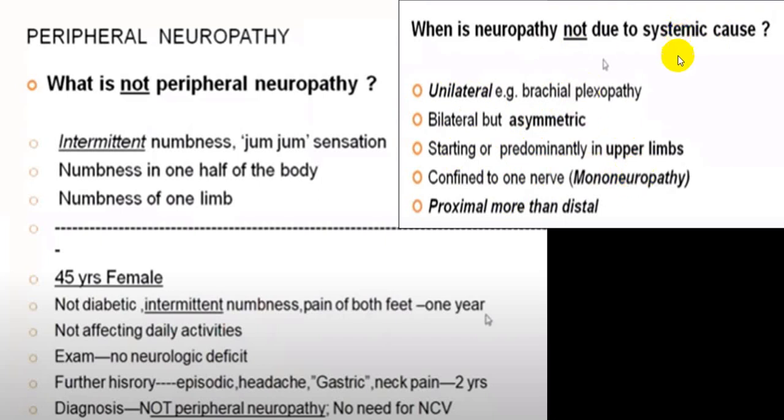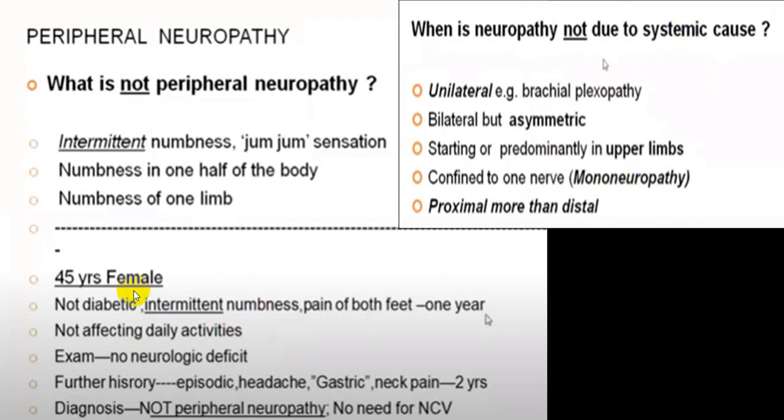Classical examples of systemic are diabetic and nutritional neuropathy. Proximal more than distal is always less likely to be from systemic causes like diabetes and B12 deficiency.